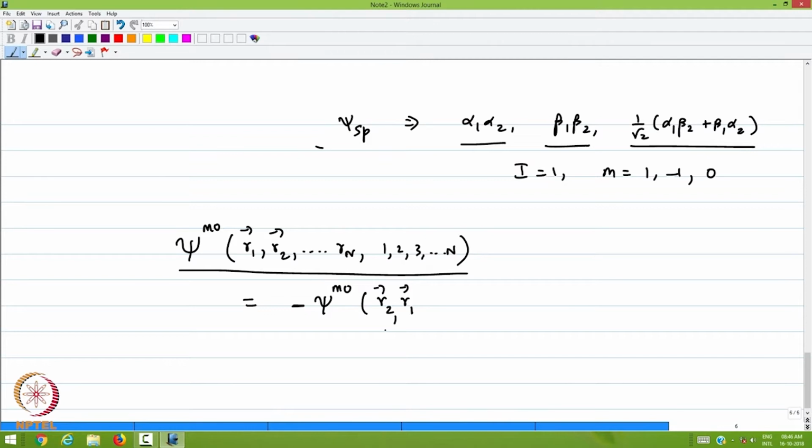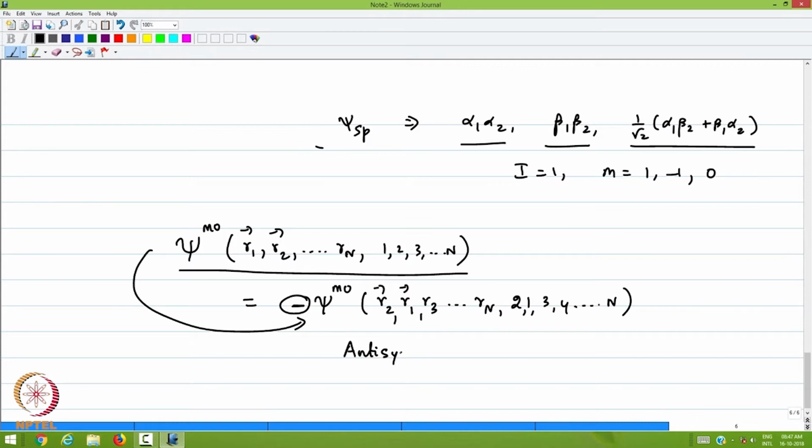It doesn't have to be 1 and 2. It can be 1 and any other electron, or any pair of electrons. An example here is 1 and 2 or 3 or n, with the electron spin coordinates interchanged as well, 2 1 3, 4, etc. up to n. The relation between these two wave functions is the minus sign. This is the anti-symmetry principle.